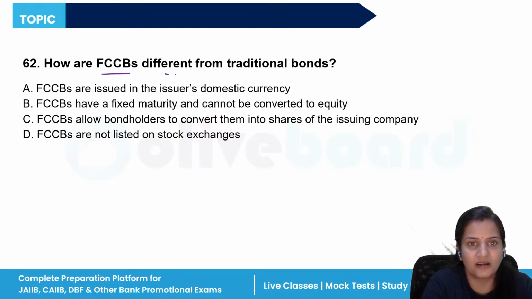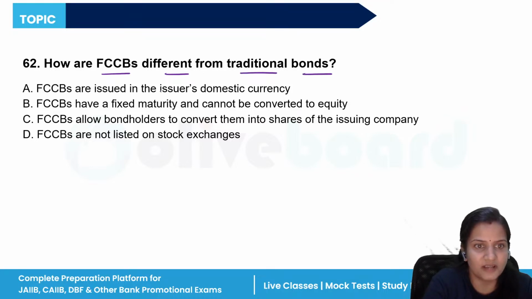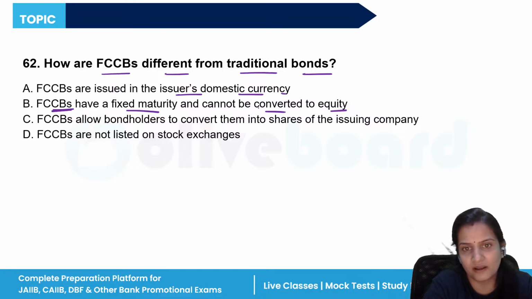How FCCBs are different from traditional bonds? FCCBs are issued in the issuer's domestic currency. FCCBs have a fixed maturity and cannot be converted into equity. If there is a convertible bond, then how can they not be converted into equity?